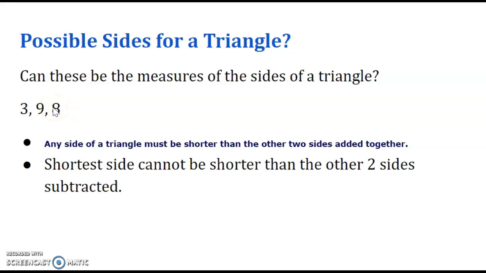But in fact, it cannot even be 12, it has to be slightly less than 12. And 9 minus 3 is 6, so it has to be at least 6. Any side of a triangle must be shorter than the other two sides added together, and the shortest side cannot be shorter than the other two sides subtracted.